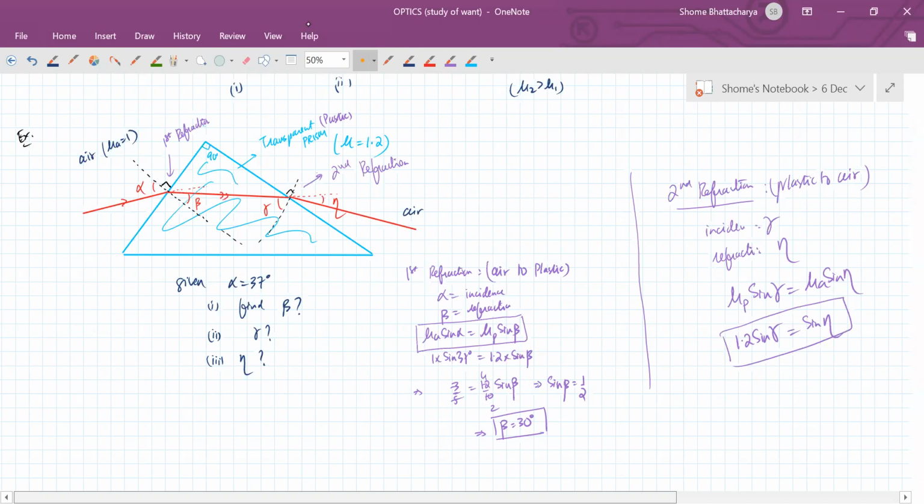So tell me how much is gamma? 60 degrees. Very good. That's correct. So how will we get gamma as 60 degrees? For that you have to understand that if you just extend this and this, because this angle is 90, and here this angle is 90 and this angle is 90.